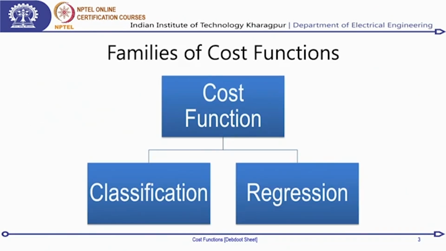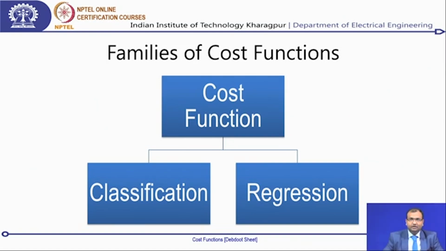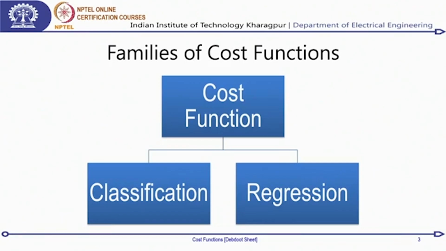With a classification cost function, you would be solving a classification problem, where you need to associate a class label to a given image. For example, in the MNIST problem you had handwritten digits of 0 to 9 and you just had to identify which digit it was. This is a typical case of a 10 class classification problem, and that is where cost functions of a classification nature are used.